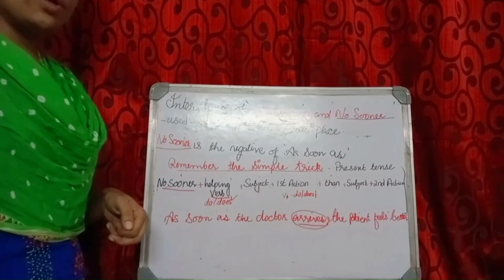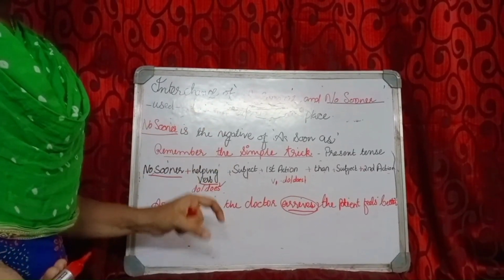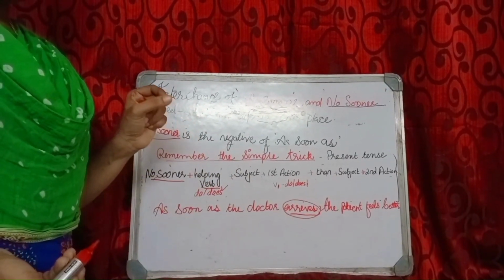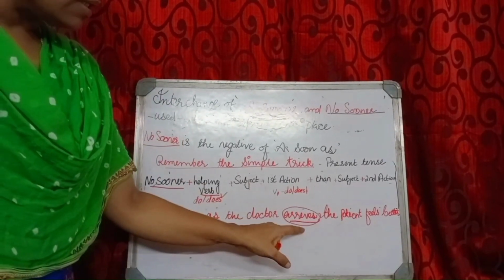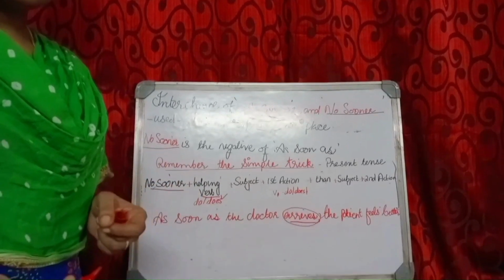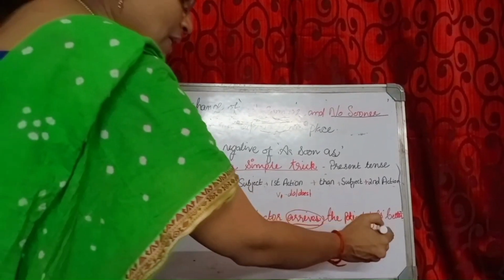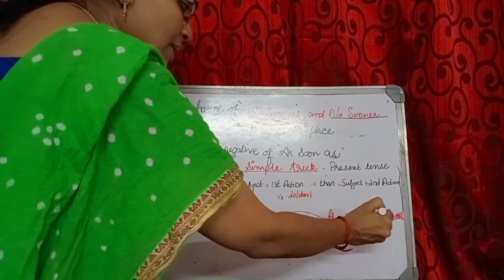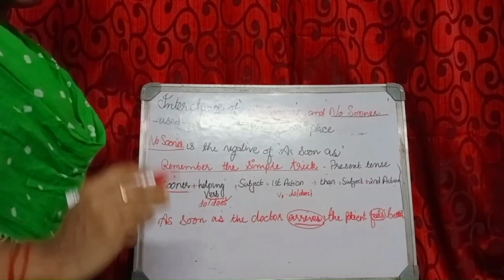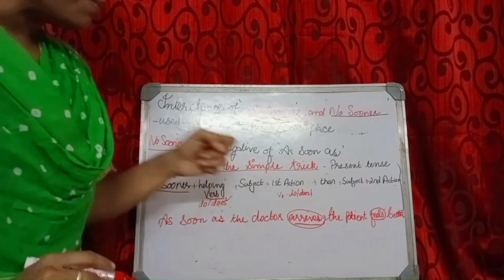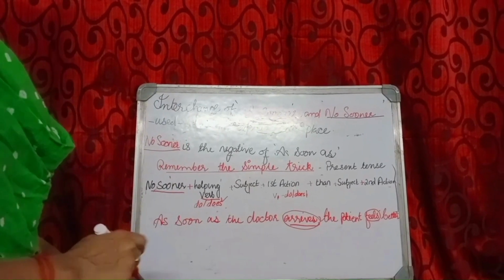As I told you, the first step is we will learn examples in simple present tense. So here the verb arrives is in simple present. The patient feels better. So this sentence is in simple present tense. If the question is in simple present tense, there is a simple trick to begin with no sooner.